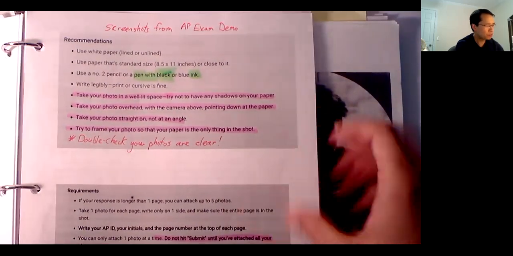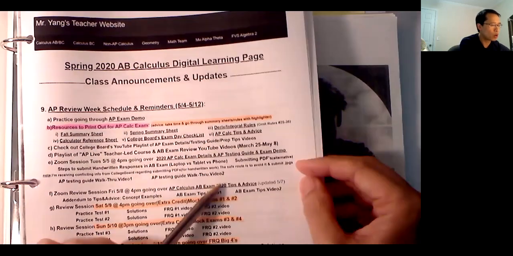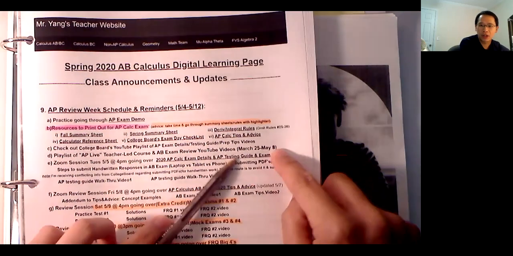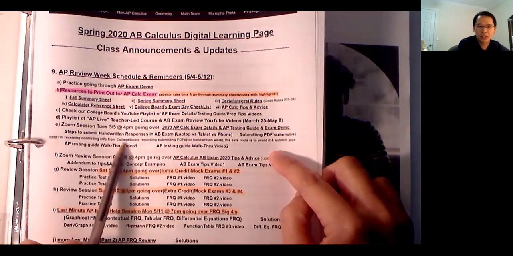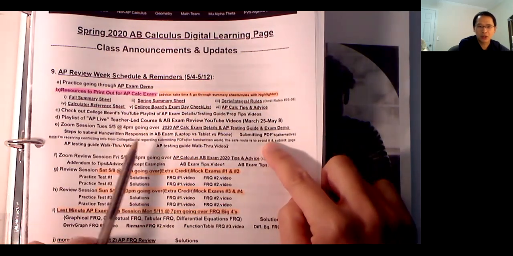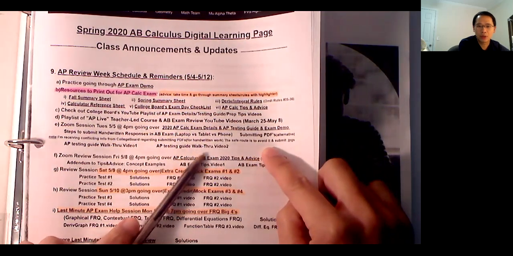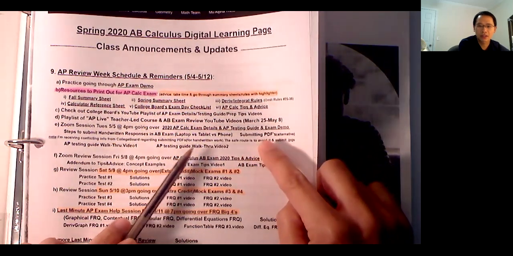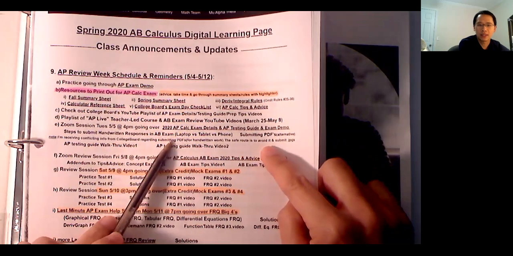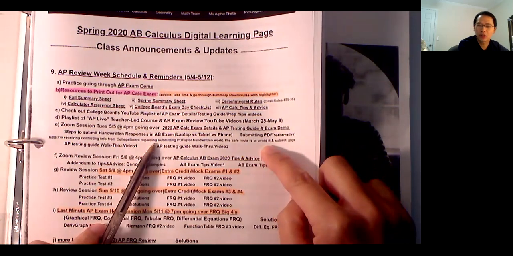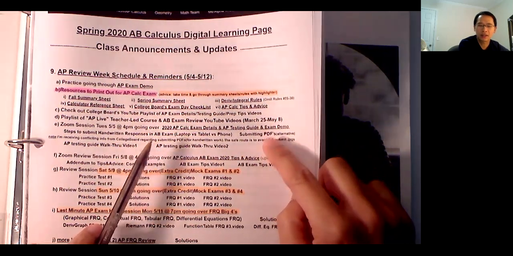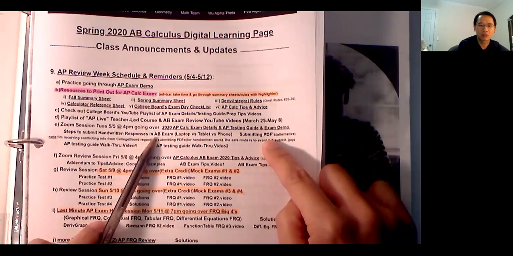I have a link if you want to do PDFs in the front, but I'm getting some conflicting information from College Board. So I just feel it's safer to do JPEG files, take photos one by one, and upload each of them individually. I don't think you should have to do more than 2 or 3 pages, so it shouldn't take that long. But ultimately, it's up to you.